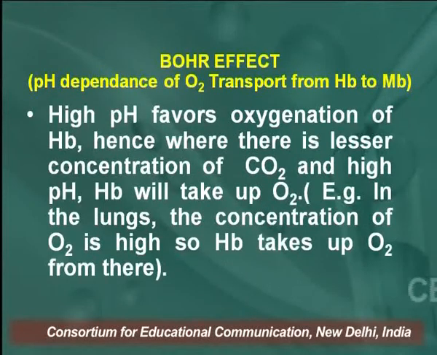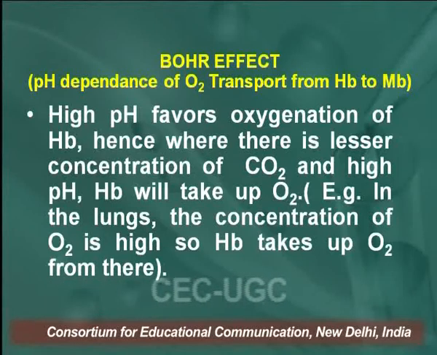High pH favors oxygenation of hemoglobin. Hence, where there is lesser concentration of carbon dioxide and higher pH, again to be mentioned that carbon dioxide is acidic, so if its concentration is less, then the pH will be high. In that case, hemoglobin will pick up oxygen.